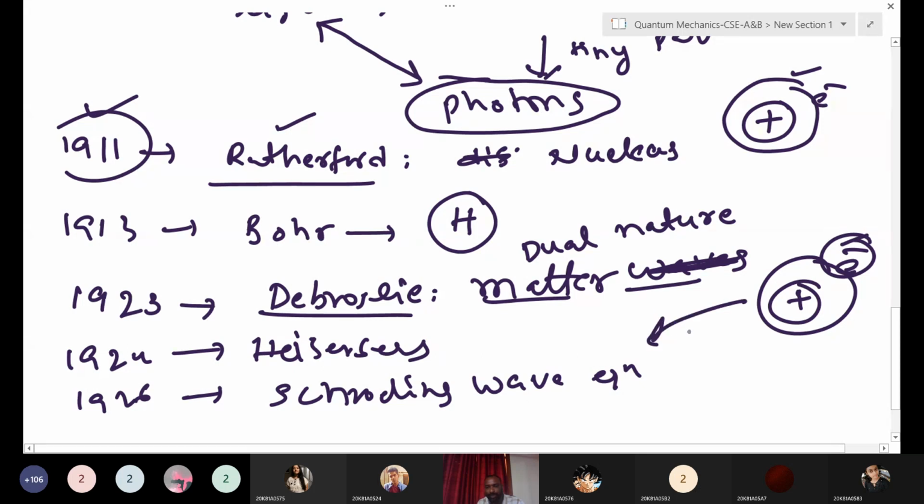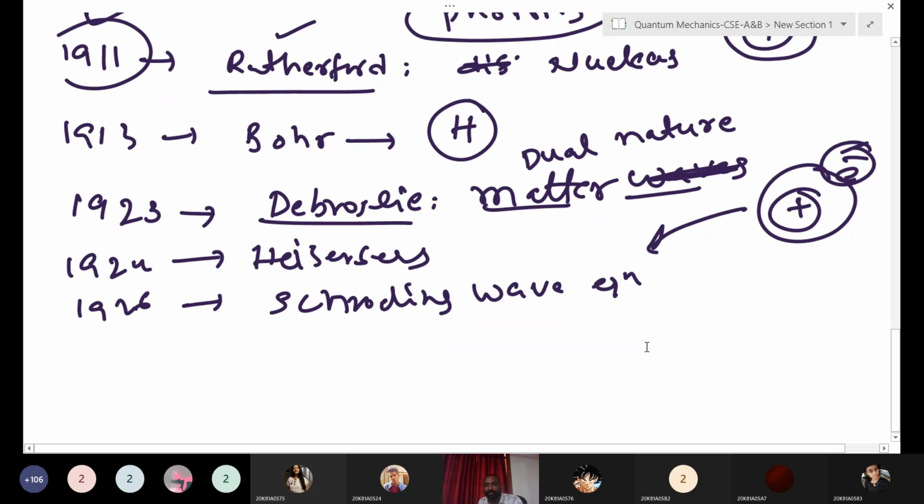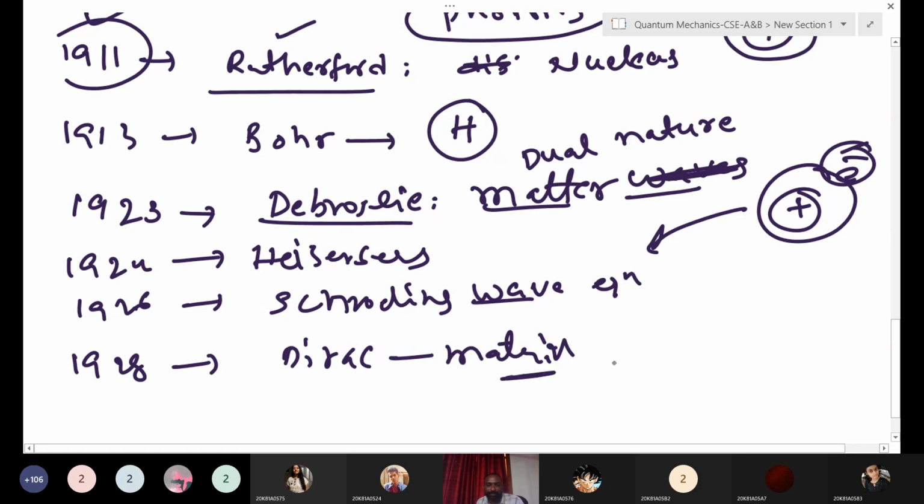He explained it in the form of waves, considering the wave nature of electrons or any microscopic particles. After that, in 1928, somebody explained with particle nature and somebody with wave nature. In 1928 Dirac came and proposed the matrix method, the matrix formulation. This is also in the PG syllabus.